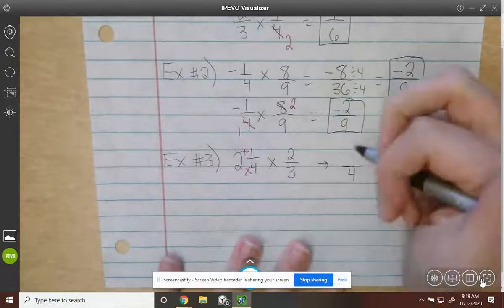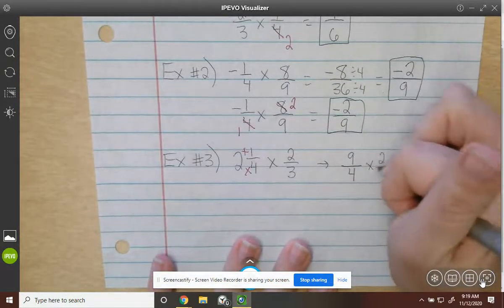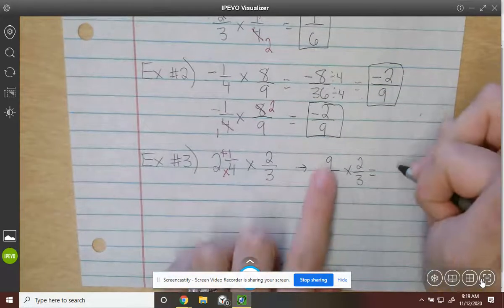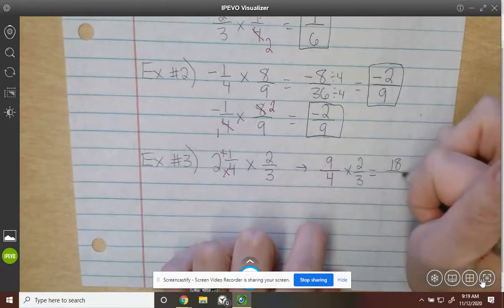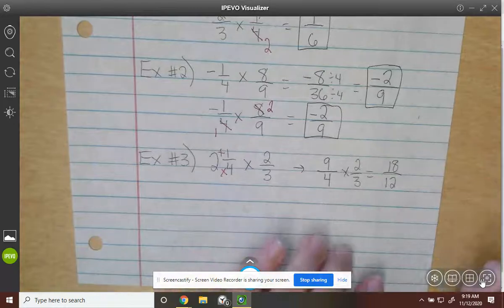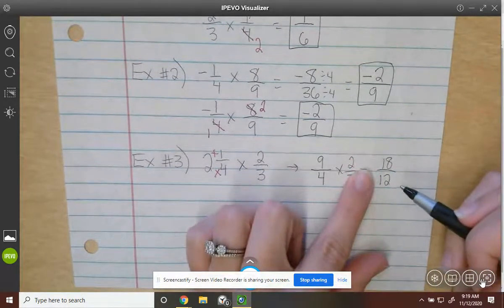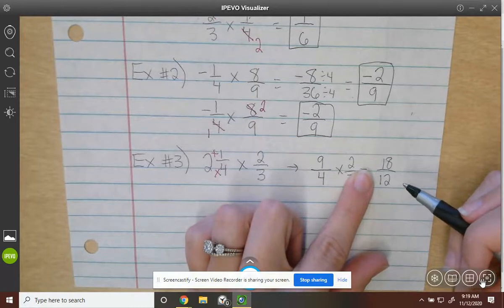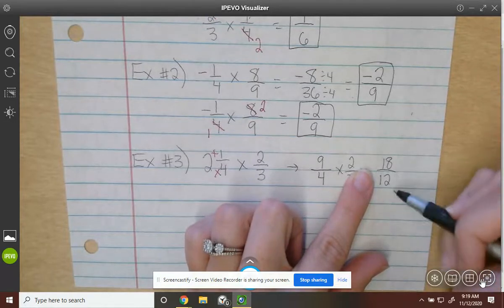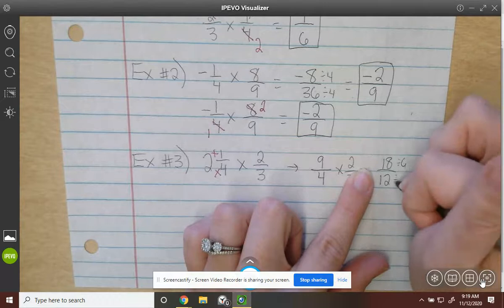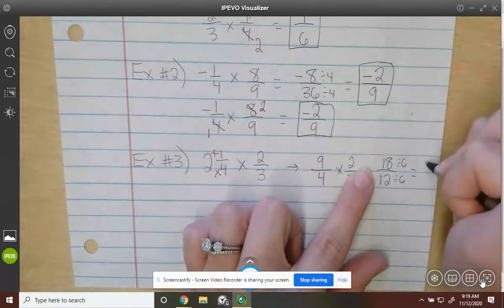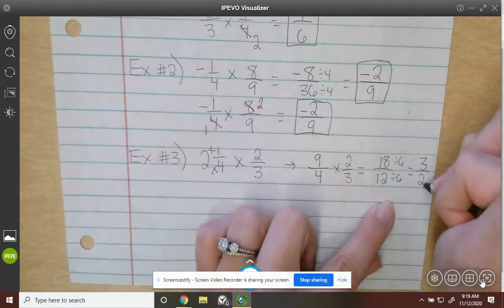So that's how I get my 9 on top. Straight across, I get 18/12. You know I'm okay with improper fractions, so what can I do to simplify this? 6 goes into both of these. So that would be 3, and that one would be 2.